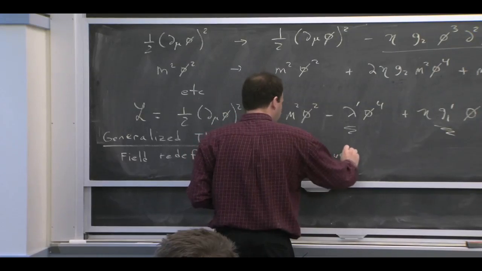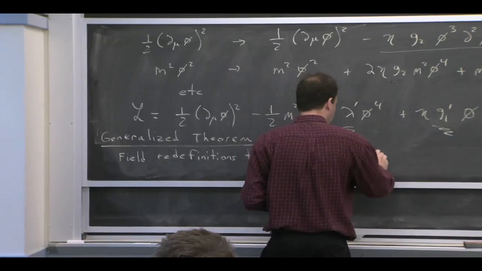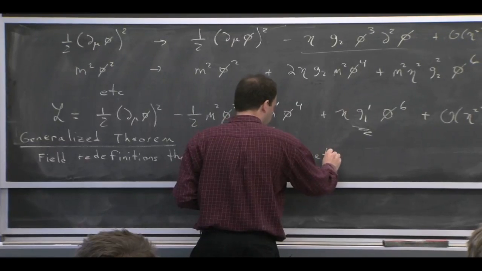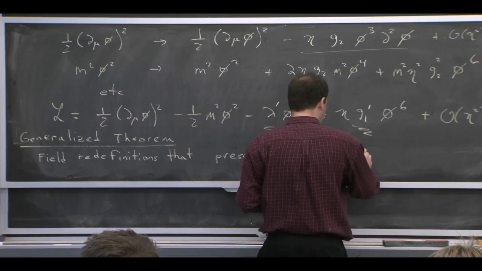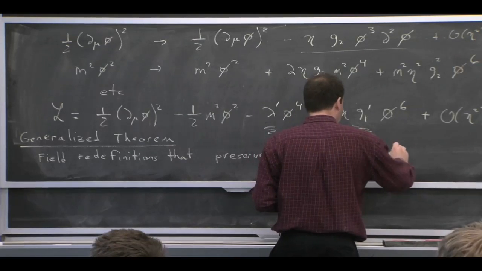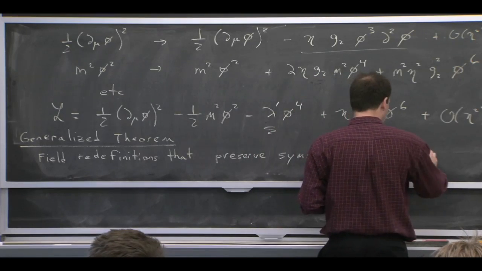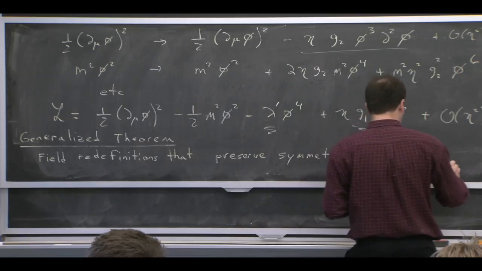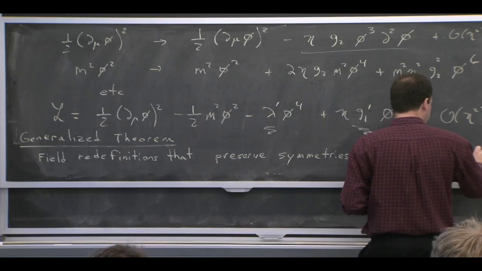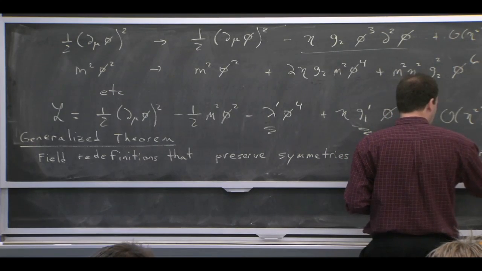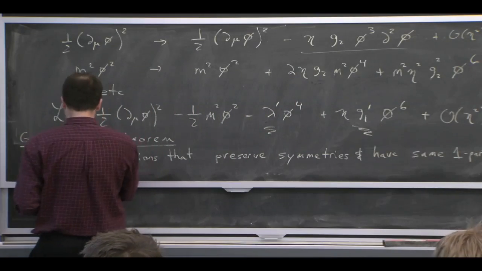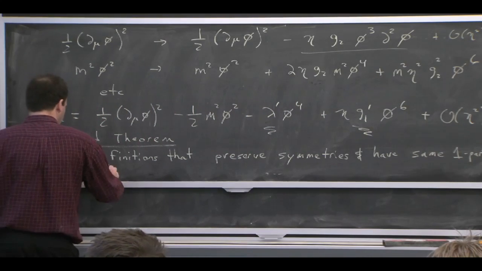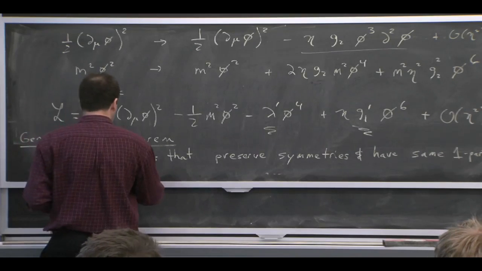So there's some things that are important here. We have to make a field redefinition that preserves symmetries. So if we make a field redefinition that breaks Lorentz invariance, you can't expect that you're going to have a Lorentz invariant description after that. And this statement of f of 0 being 1 is the statement that you have to preserve the same one-particle states before and after the field redefinition.